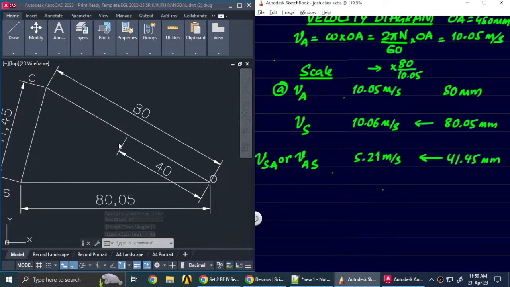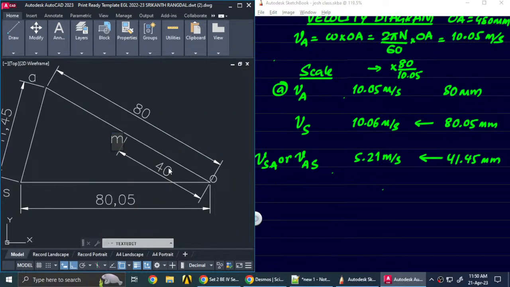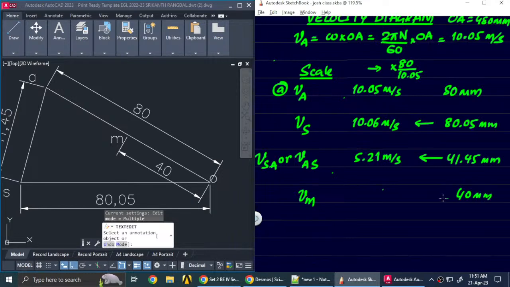Let's take this point, the midpoint of OA, and call it m. So if you want velocity of m, that measurement is 40 mm, and of course when you convert that, it will be half of this, so 5.025 meter per second.